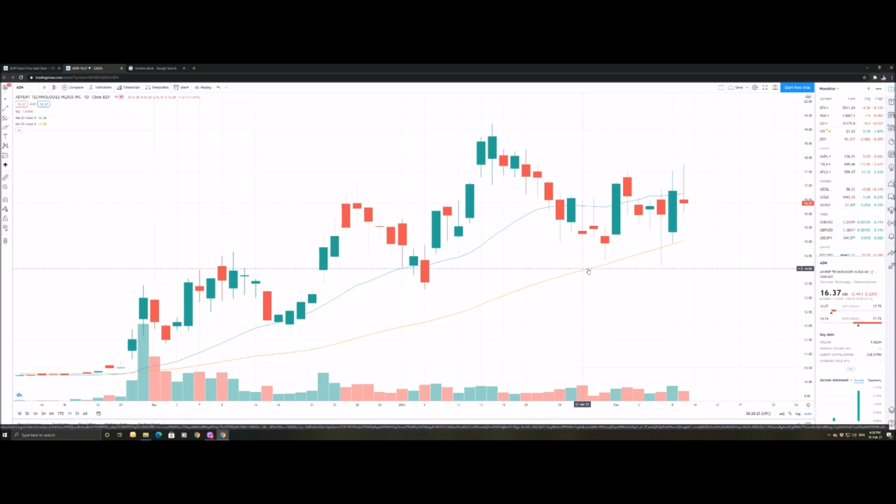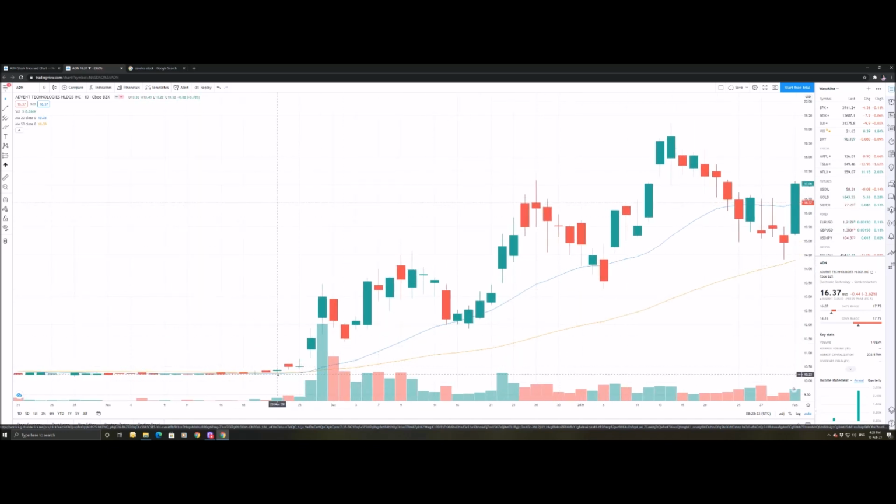Now, also when you're looking at these moving averages, what you want to look for is the golden cross or the death cross. The golden cross is when the shorter term moving average goes across and above the longer term moving average. That indicates that there is a long-term uptrend, or just an uptrend in general, and vice versa.